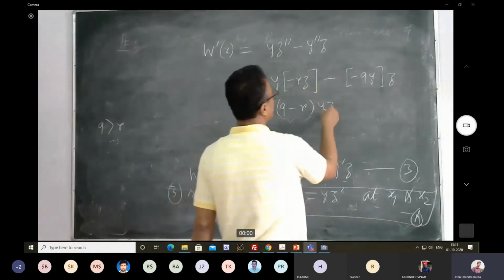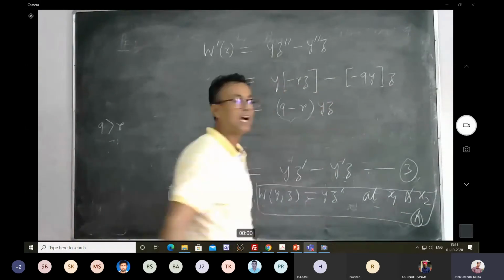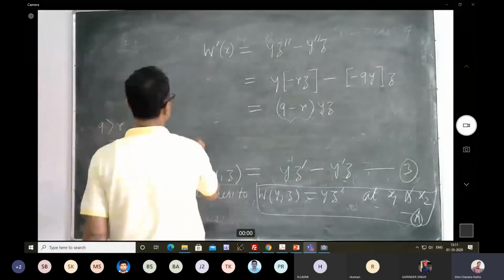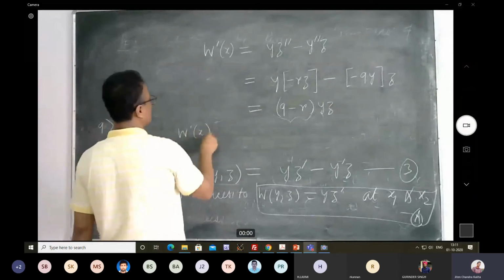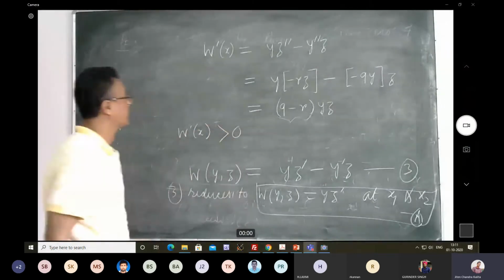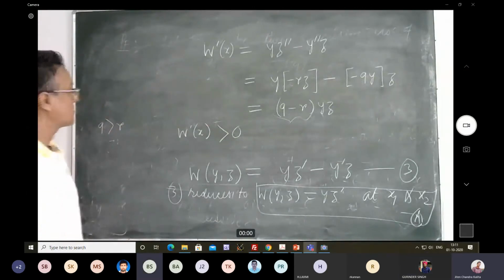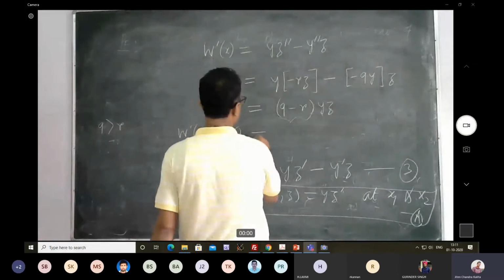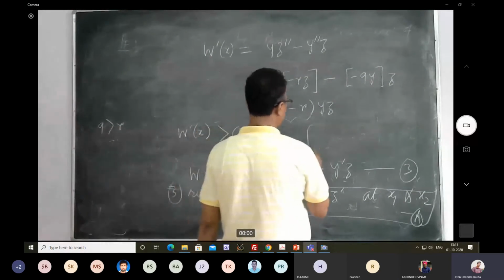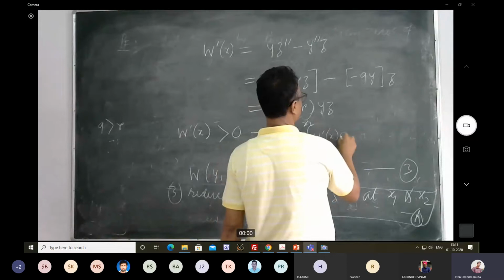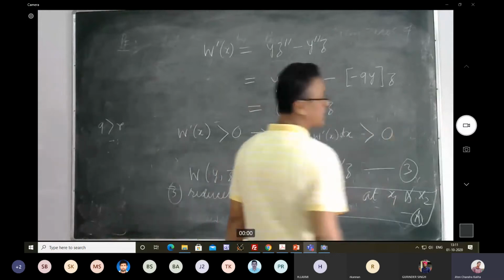Since both y and z I was assuming to be positive functions, this implies that if I integrate it between x1 and x2, that will also be greater than 0.